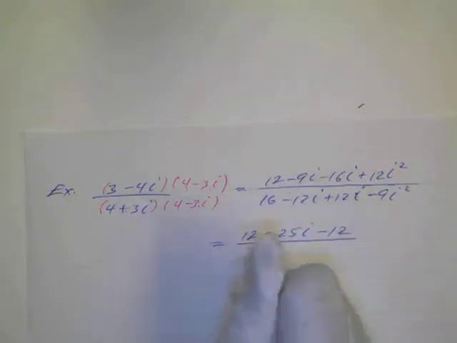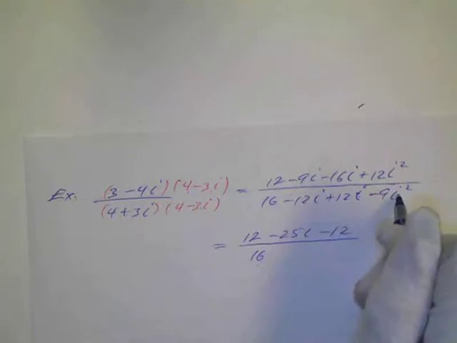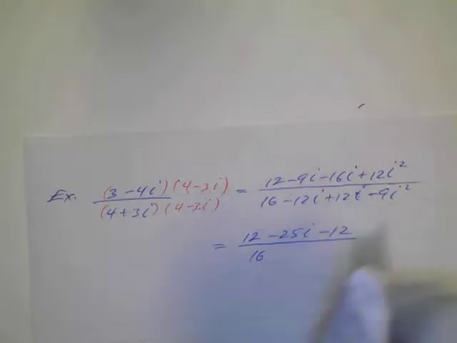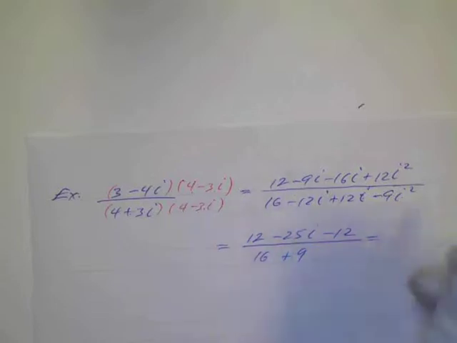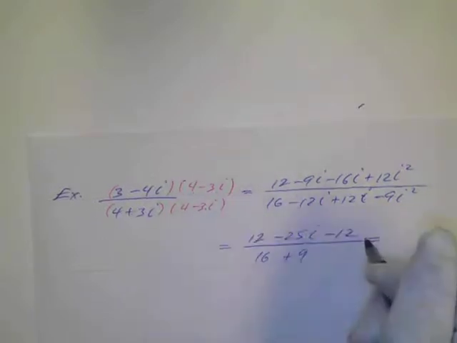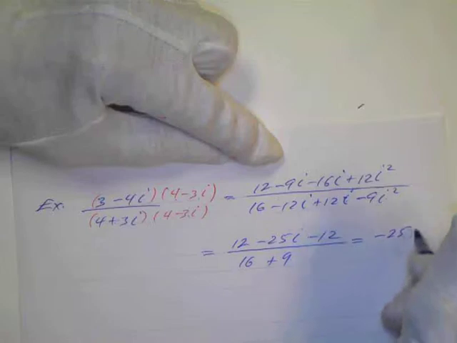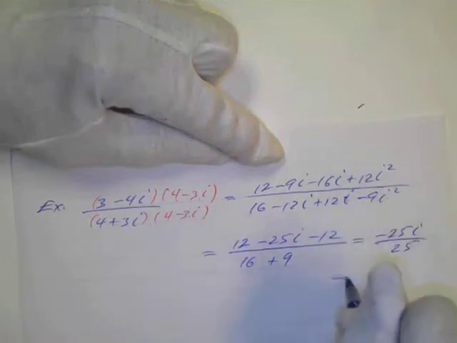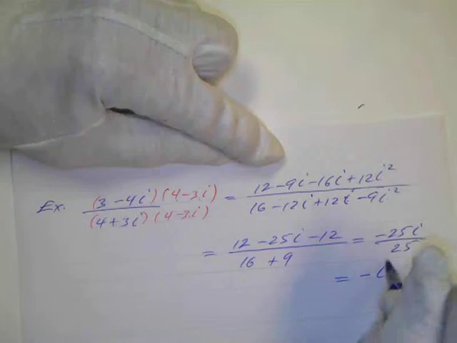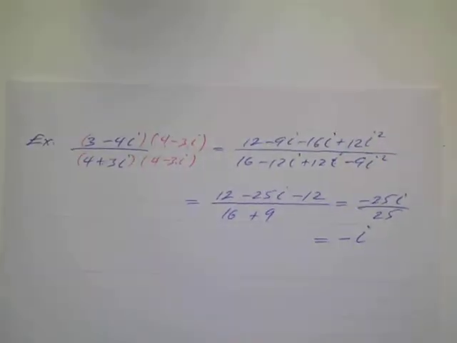So we just have 16. And i squared is negative 1, so negative 1 times 9 is positive 9. So we end up with these 12s become 0, 12 minus 12, so we have negative 25i all over 25, and that just ends up being negative i. So that worked out quite nicely, although it was a bit of work.